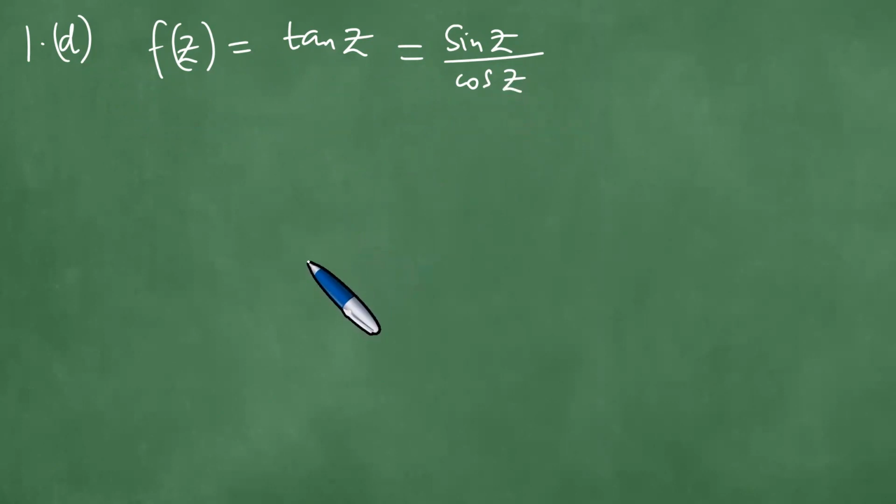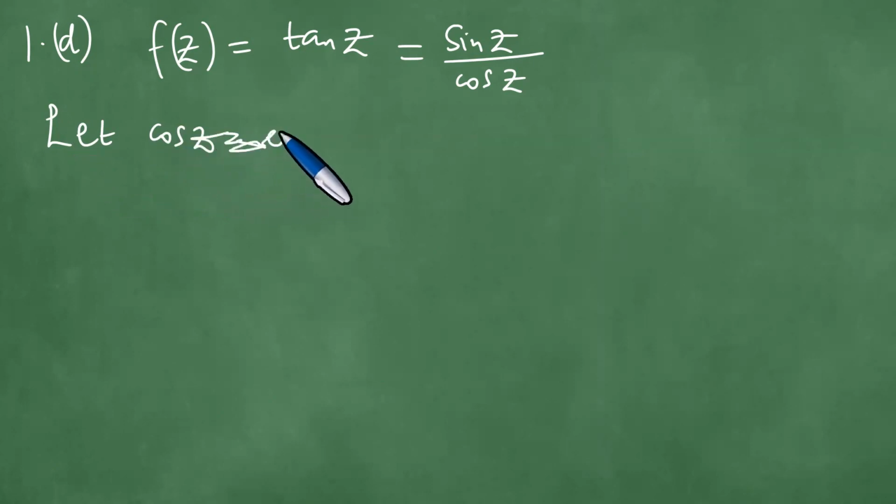Okay, so what is this? Right, we've already seen from the previous question that we let cosine z be equal to 0. Okay, so let's clean this up here.